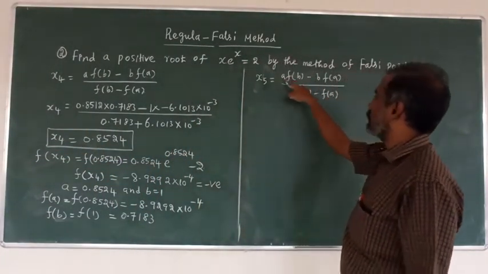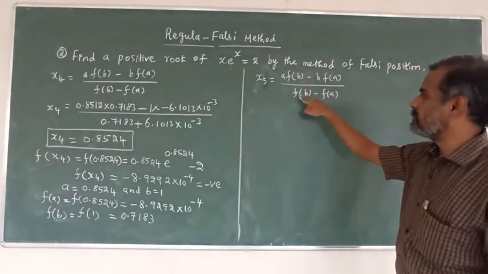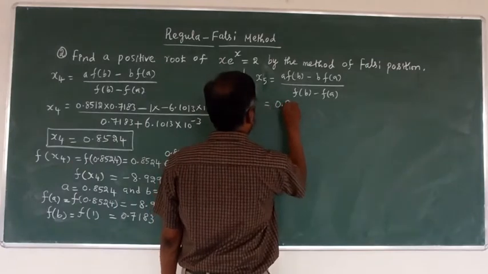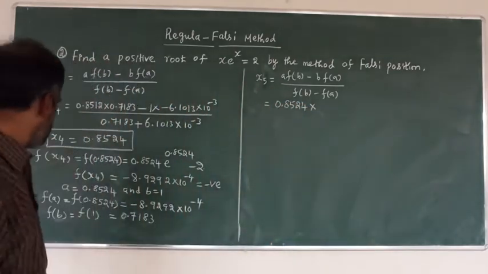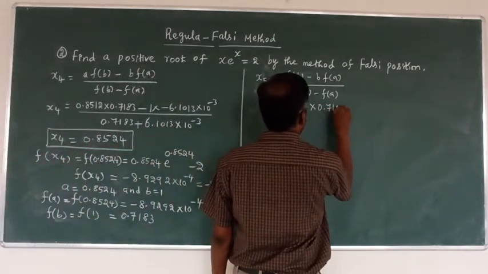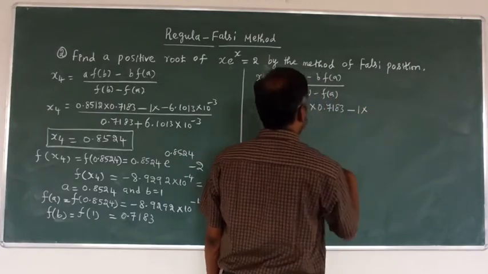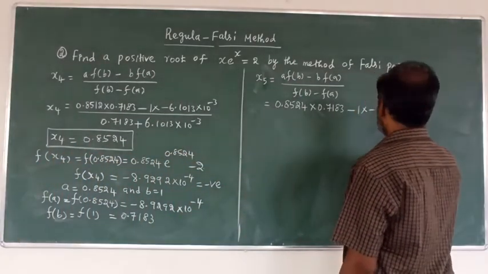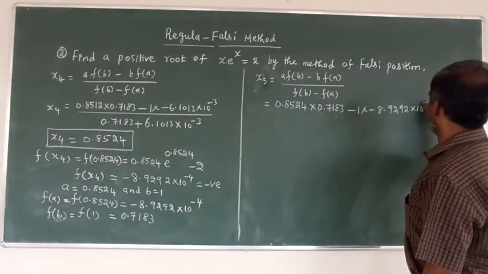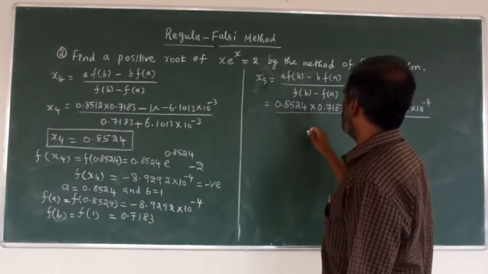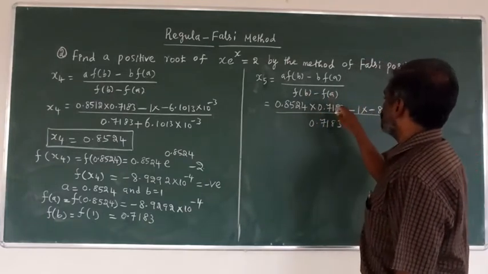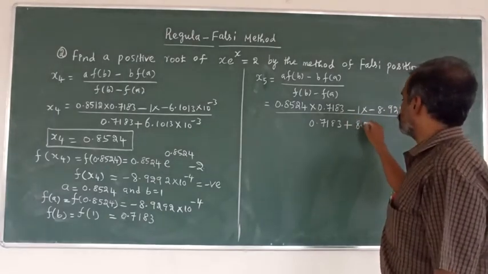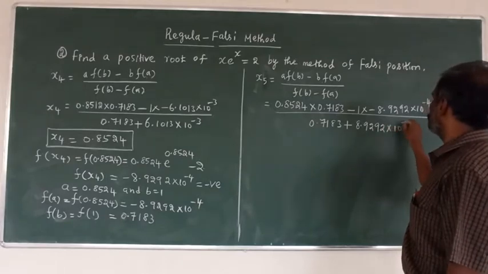x5 equals a f of b minus b f of a divided by f of b minus f of a value. 0.8524 into f of b value 0.7183 minus b value 1 into f of a value minus 8.9292 into 10 to the power of minus 4 divided by f of b value 0.7183 minus f of a value minus, minus will be changed into plus 8.9292 into 10 to the power of minus 4.